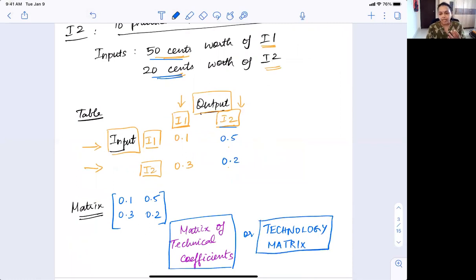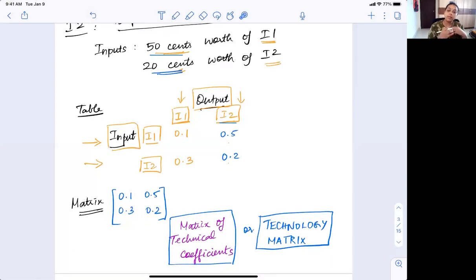As the term implies, the technology matrix describes the technological process required to produce $1 worth of I1, which is how you read the first column, and the technology needed to produce $1 worth of I2, which is how you would read the second column. So this is now the building block of input-output analysis.